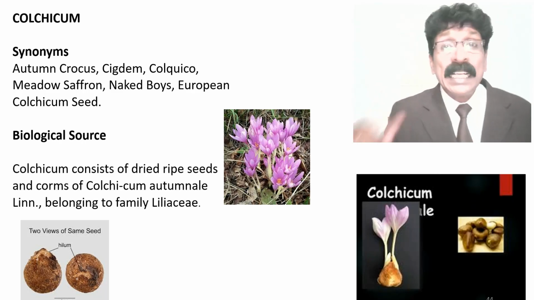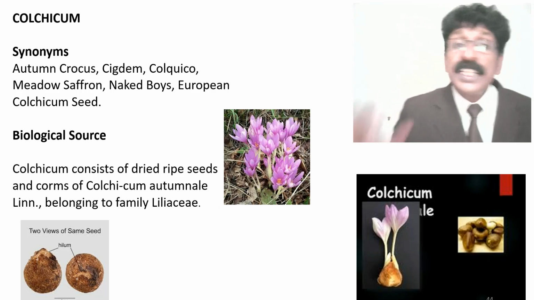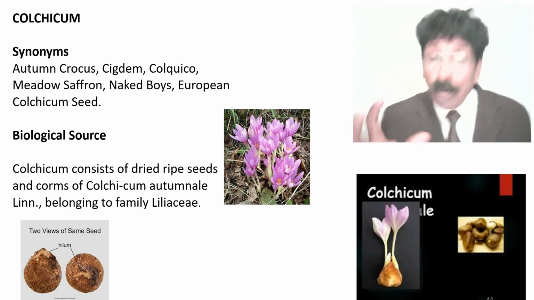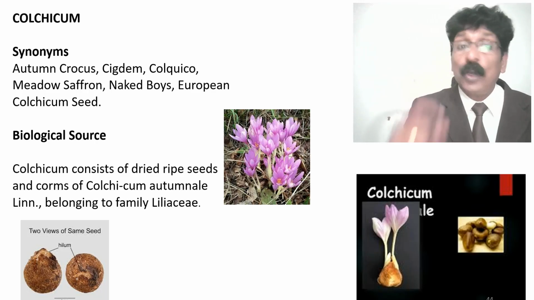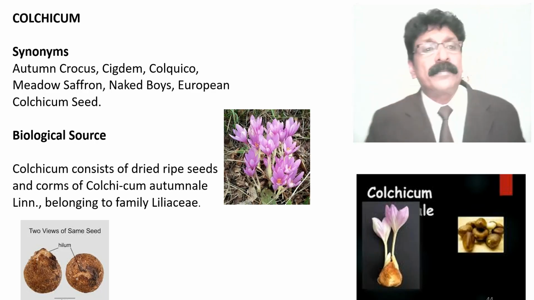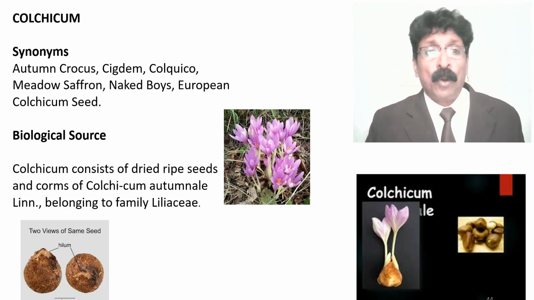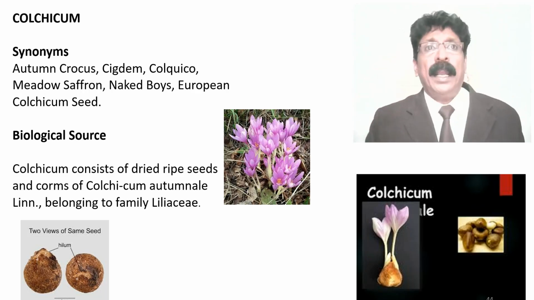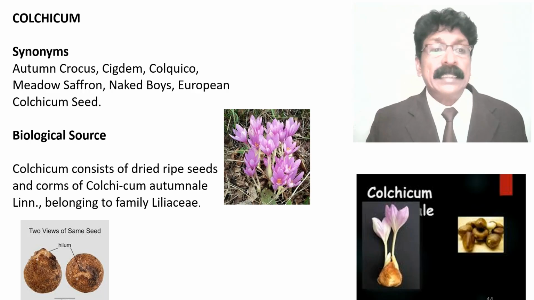Biological source: colchicum consists of dried ripe seeds and corms of Colchicum autumnale Linn. Colchicum autumnale Linn is the scientific name, belonging to the family Liliaceae.